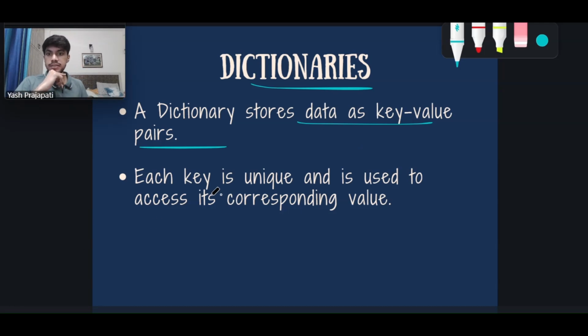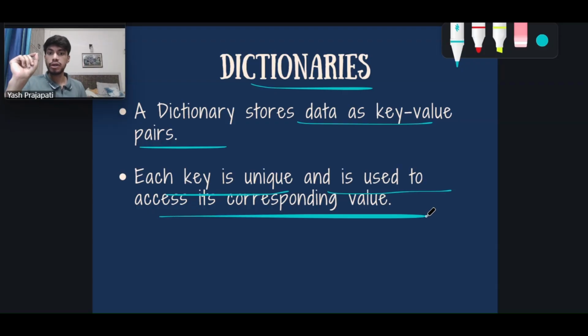Each key is unique and is used to access its corresponding value. The key is unique but values can be the same. One key has one value and we can access it with the corresponding key only.